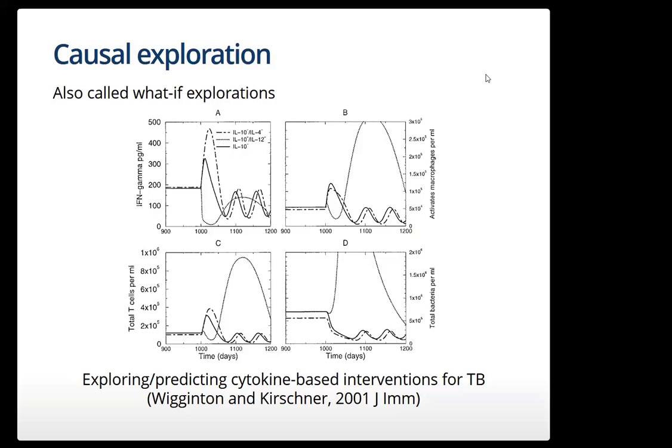Then they ran a simulation asking what would happen if at day 1000, after chronic infection has established in the simulated model, we knocked out these different cytokines. You can easily do that in the model. You just set it to 0 and then you see what the rest of the model does. So that's a very useful way to explore what would happen.